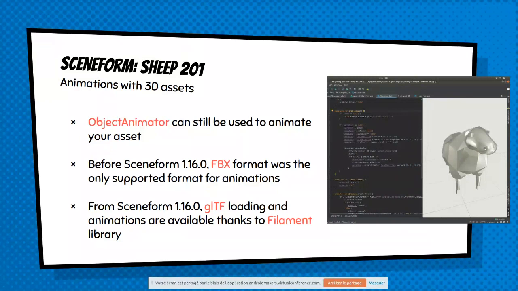From the latest version of Sceneform, you can use GLTF animation, which is not available in 1.15 and below. So that's very interesting, using GLTF animation on the latest Sceneform, thanks to the Filament library.